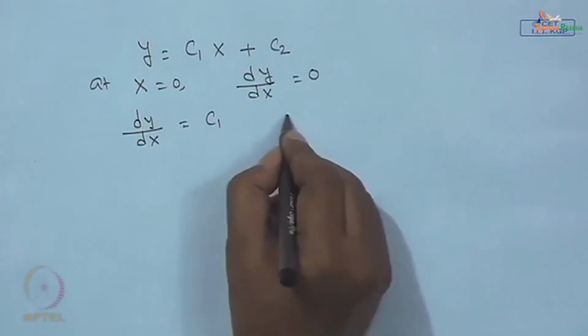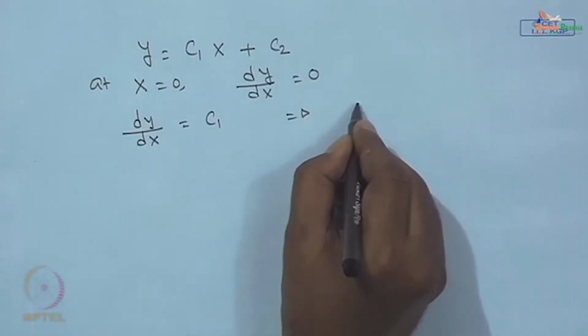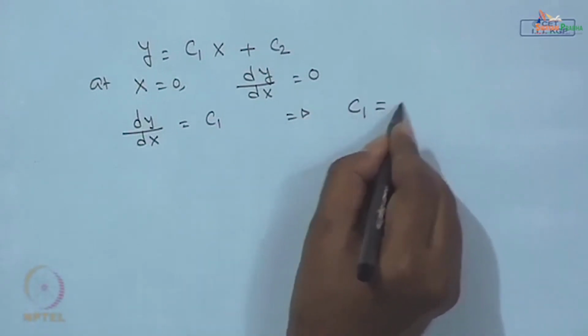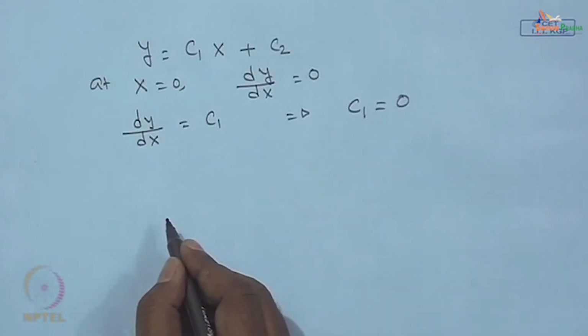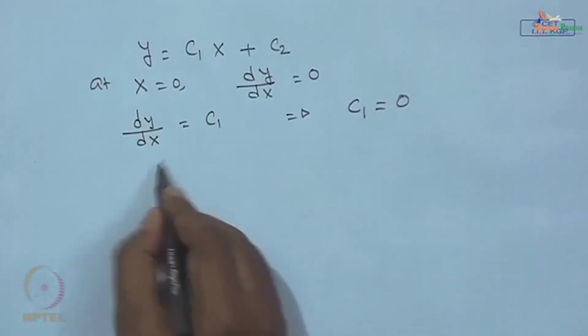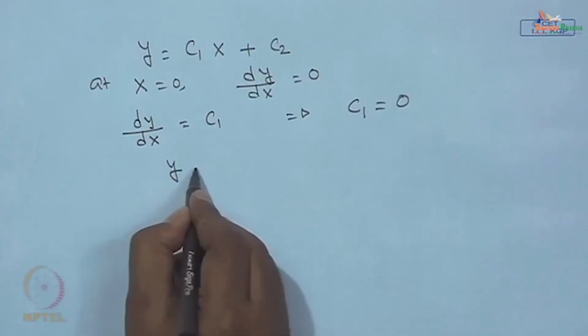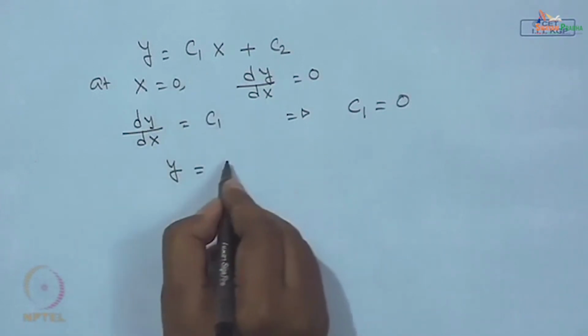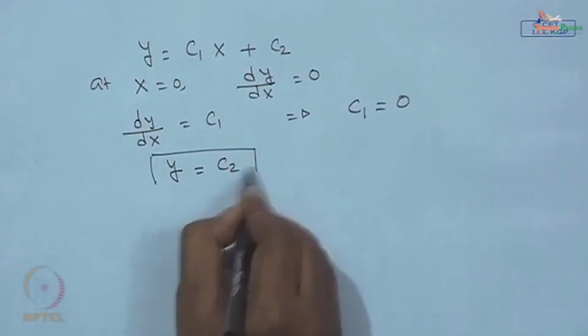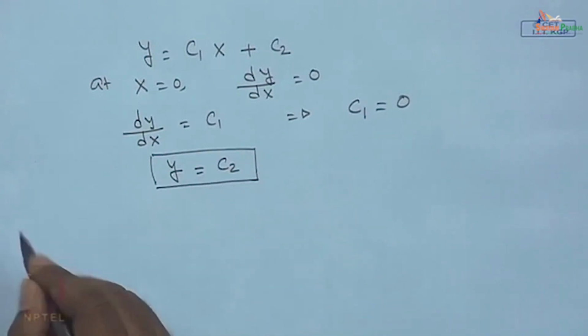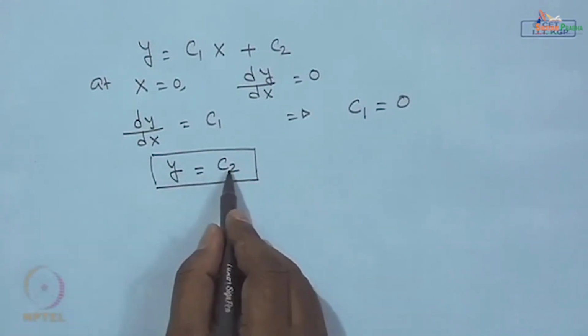So, at x is equal to 0, dy/dx is equal to 0, use that boundary condition. So, what you get is c 1 is equal to 0. Therefore, you will be getting y is equal to c 2. So, the solution is a constant solution.